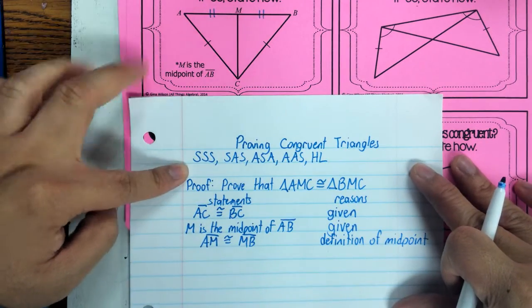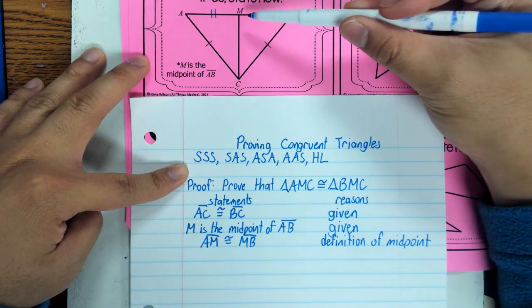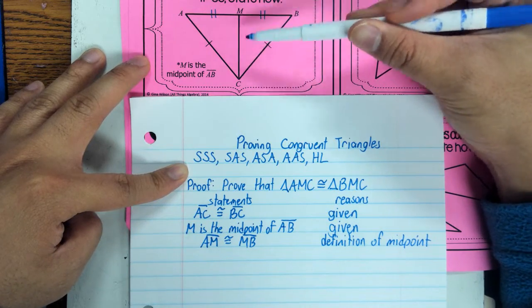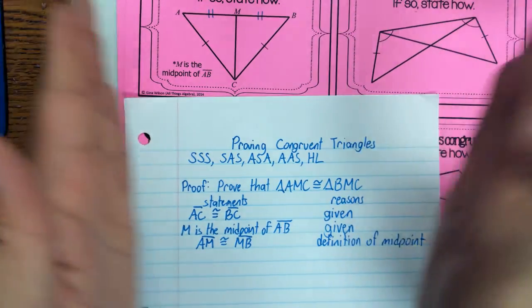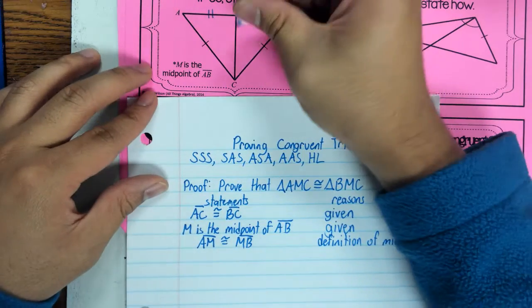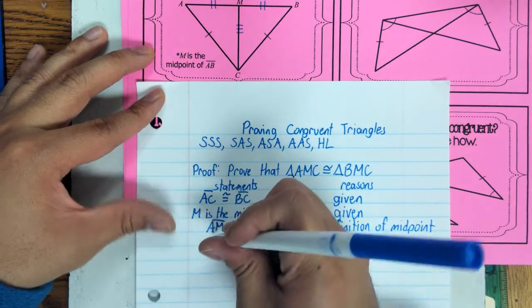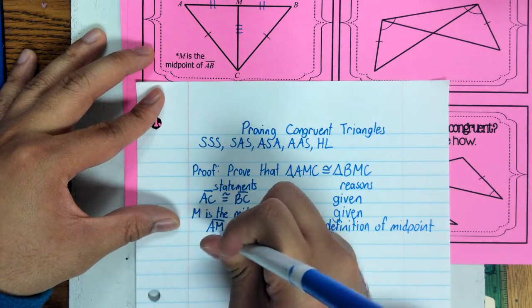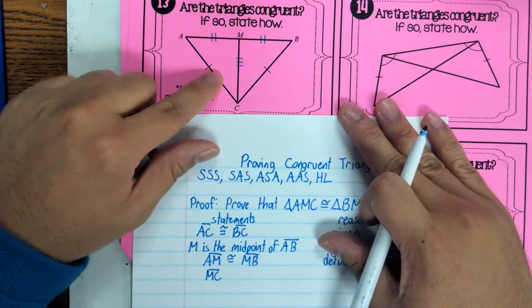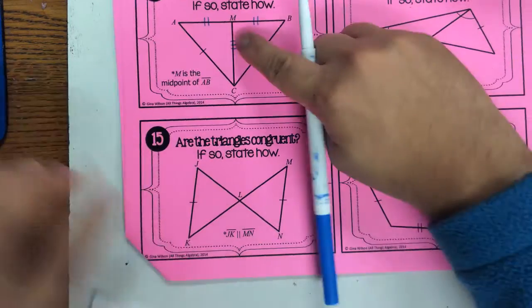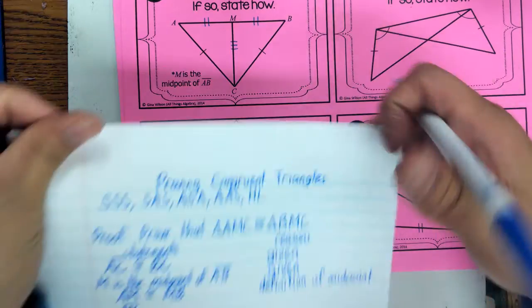We have done enough examples. Hopefully you can see, notice how MC right here, both triangles, the left and the right, physically share that side. They're both touching MC. So this is a third side we have. So we can say MC, the triangle on the left, the MC on the left, matches with MC, the triangle on the right.